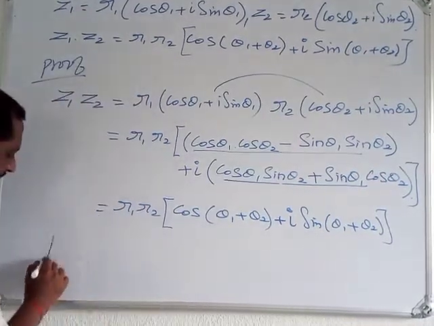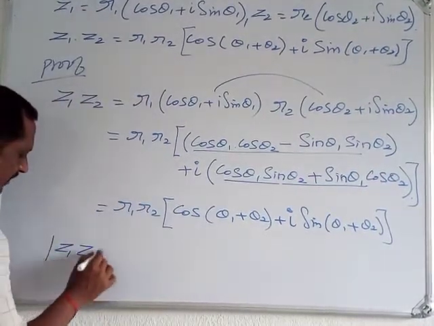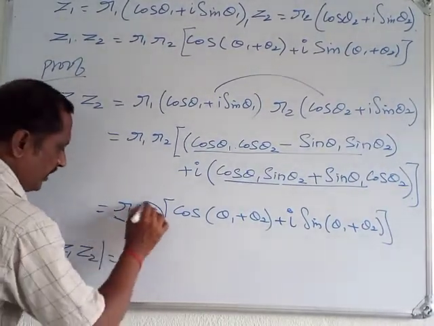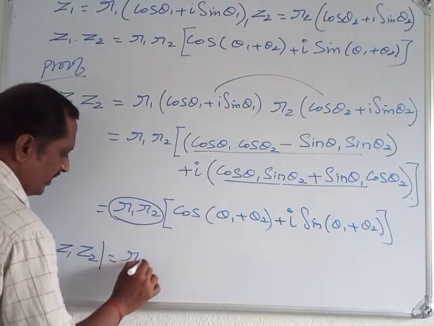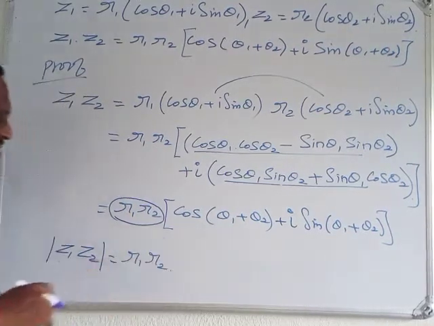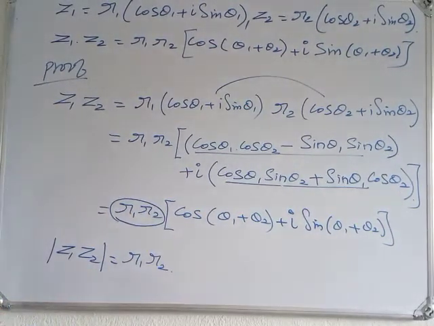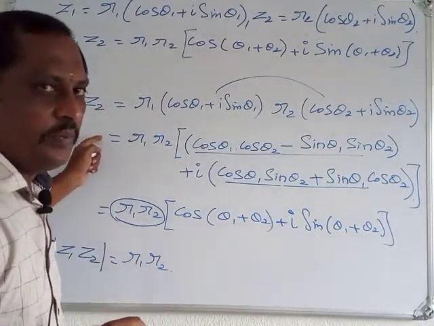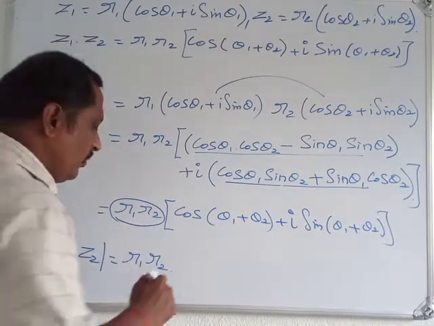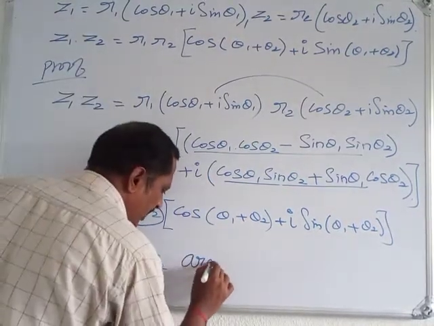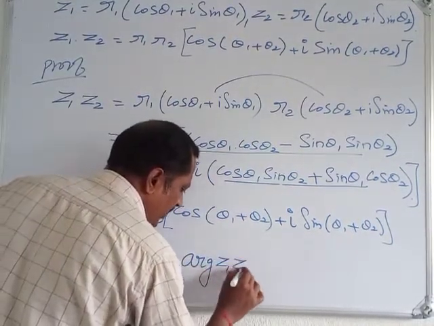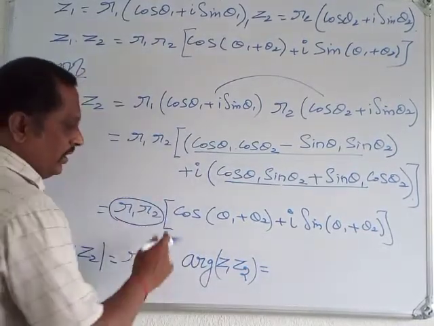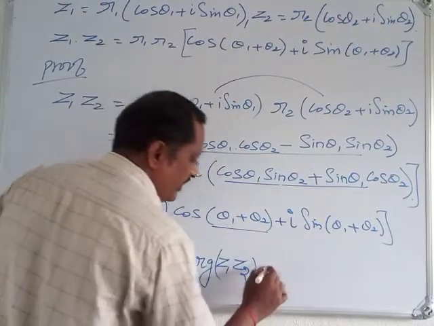What is the modulus of z1 into z2? Modulus means this part, r1 r2. R1 into r2 is called the modulus value for the complex number z1 into z2. What is the argument of z1 into z2? What is the theta value?